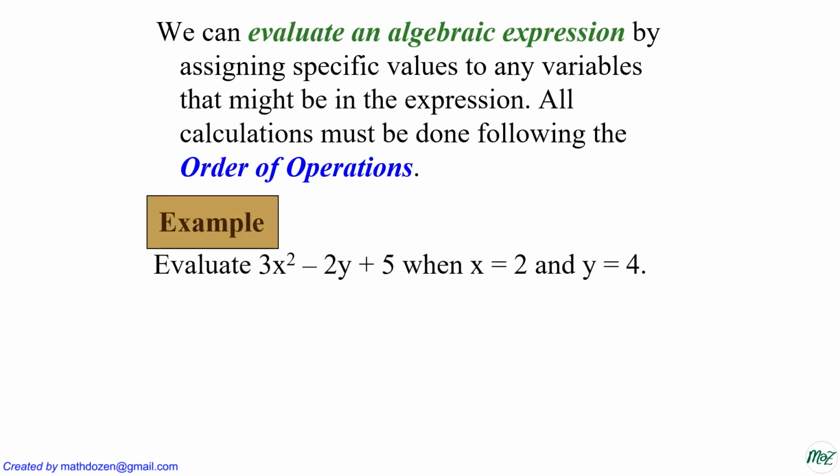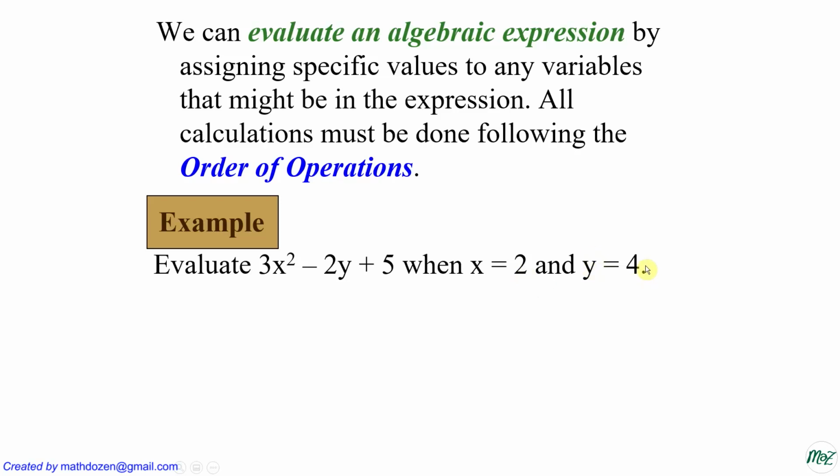For instance, we have long expression with 3 terms. They are not alike, so not similar, because there are different variables in here, and the last number doesn't even have variable next to it. But we're going to evaluate by substituting the x value as number 2 and y value as number 4.